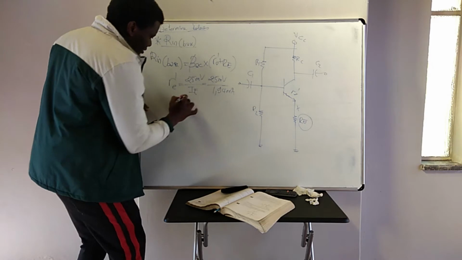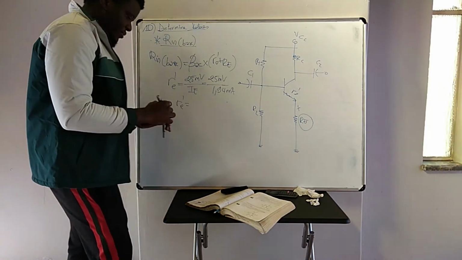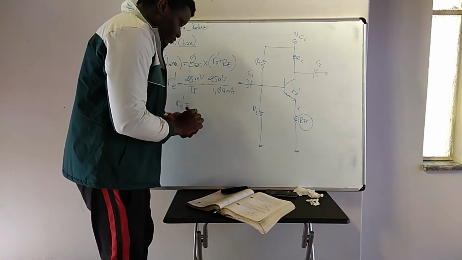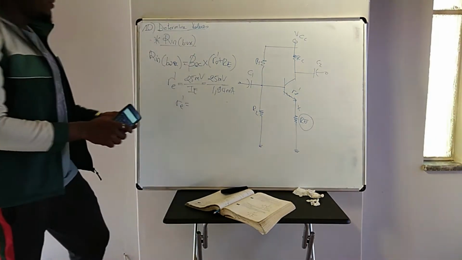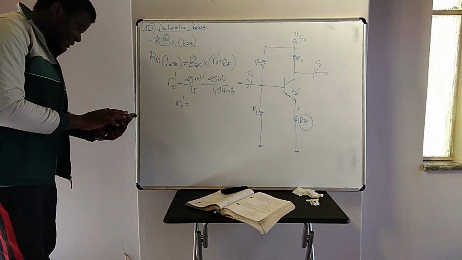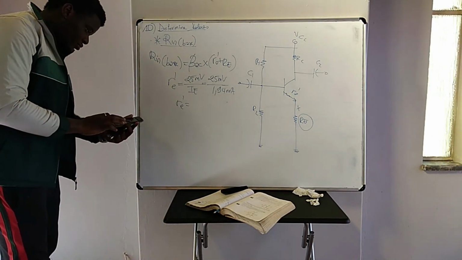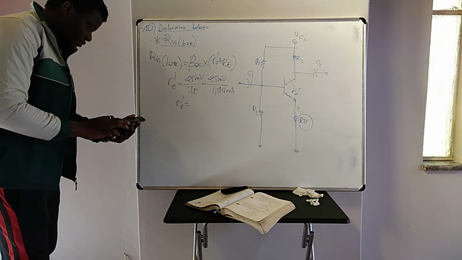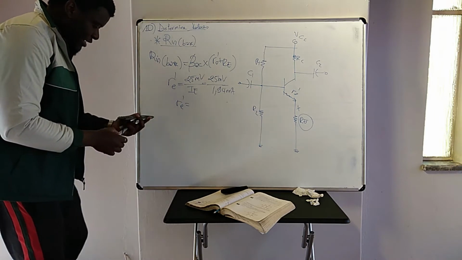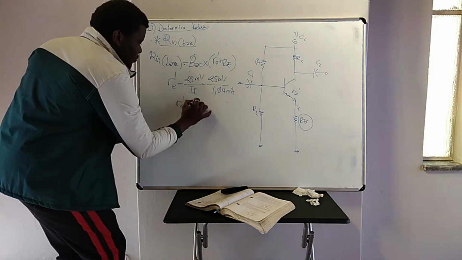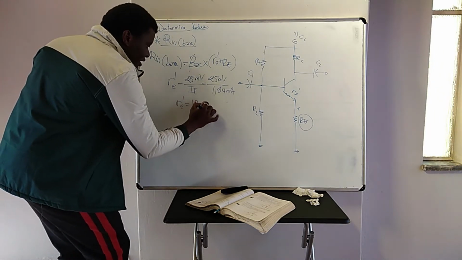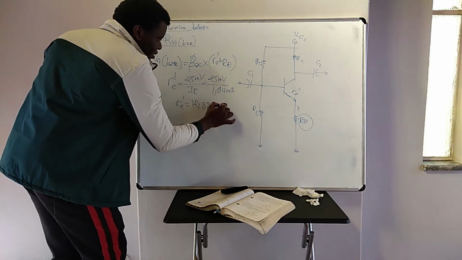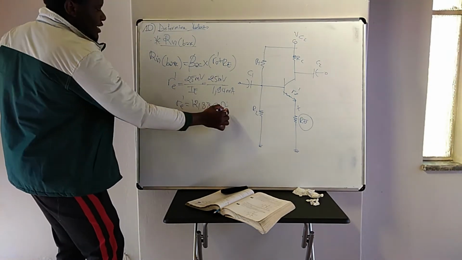So R accent E is equal to 25 over 1.94. I got 12.886 ohm. This is what I got for R accent E.